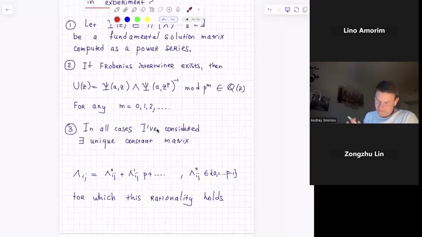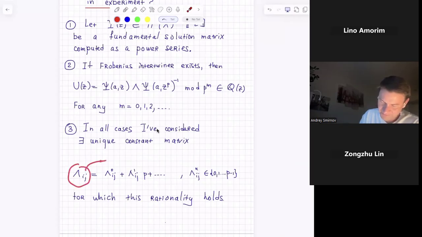And there is some miracle happening here, which is the following. Again, you assume that your lambda, this constant matrix here, is some p-adic integer, some p-adic constant.